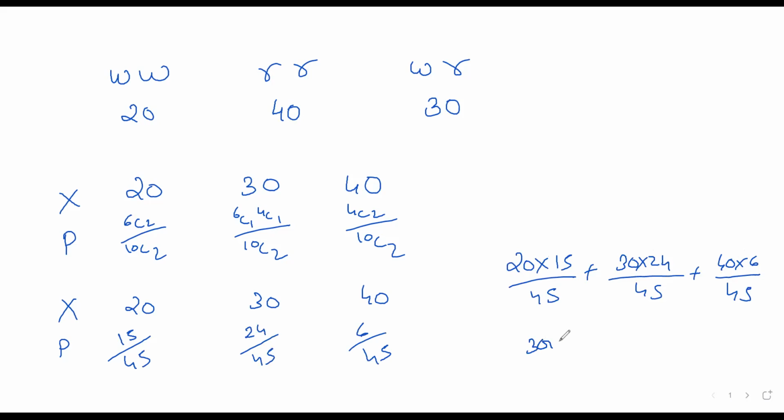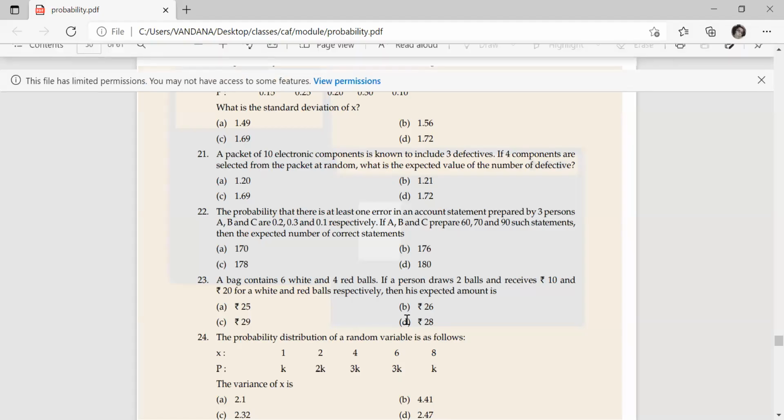This is 300, 720 plus 240 by 45. So the answer is 300 plus 720 plus 240 divided by 45 is 28. His expected return is 28, D.